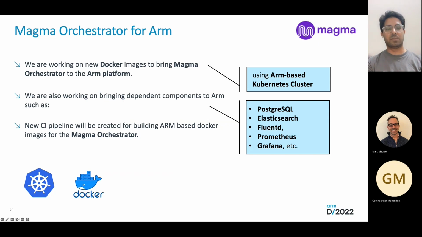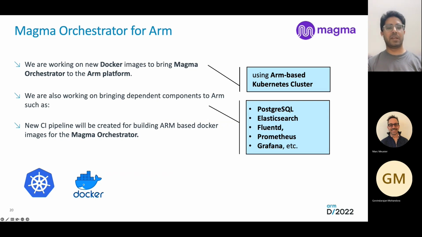There are a few hurdles when it comes to building Docker images for ARM, specifically for the orchestrator. First is finding the right libraries that will work with ARM, and the ARM team is really helping us there, fixing all the ARM-related issues.